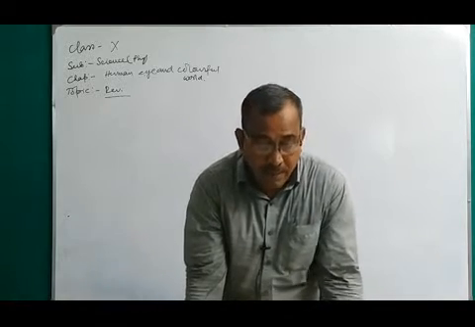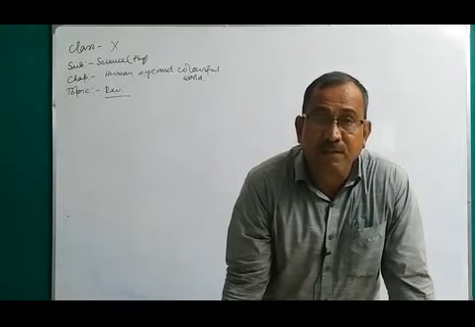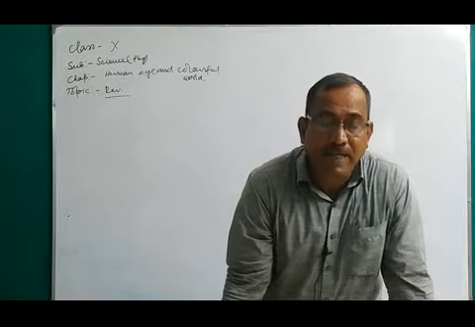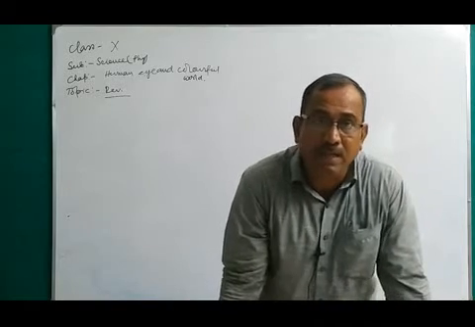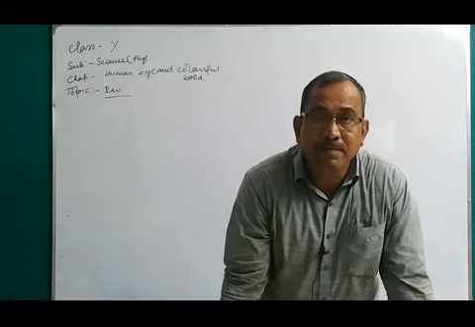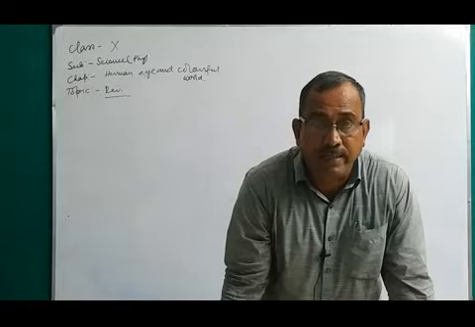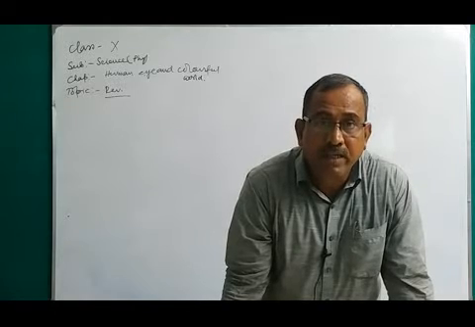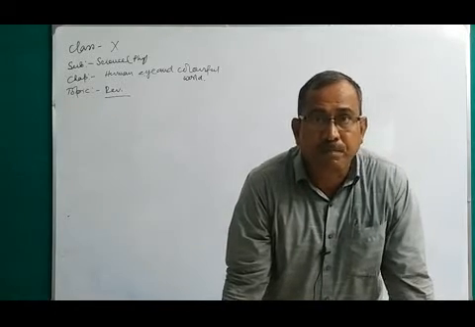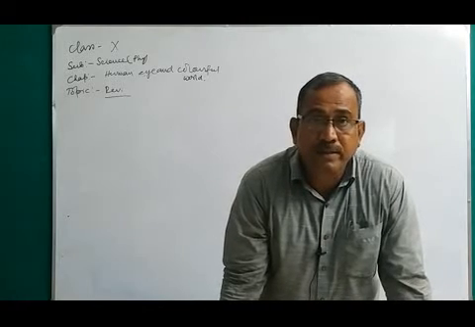Okay. Next is the defect of the human eye. Accommodation, far point, near point, and the next part is the defects of a human eye: myopia and hypermetropia. So you know what is myopia?